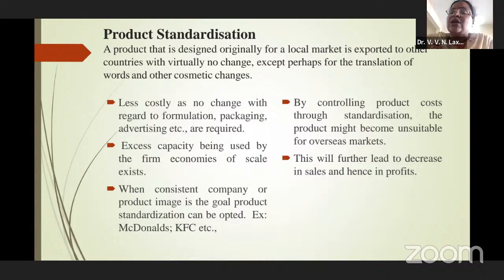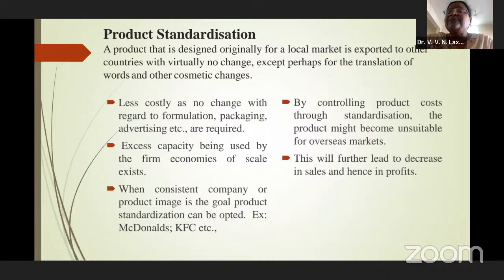Now, if the company has some excess capacity, it becomes very easy for the company to use up that excess capacity and export whatever is produced in excess of the demand in the local market to the international markets. This requires no additional expenditure for the company.